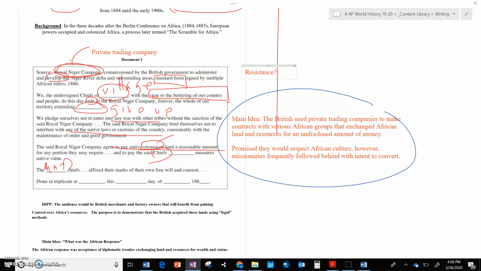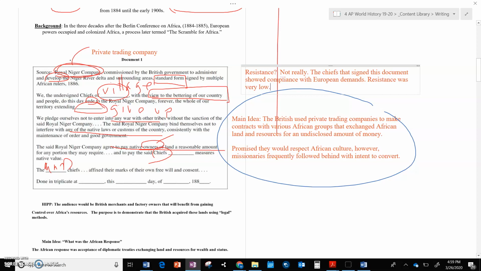It shows compliance. The chiefs that signed this document showed compliance with European demand. So essentially, resistance on this one, if you had to evaluate, was very low.